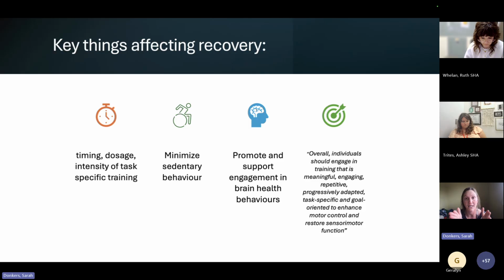So now when we're talking about that rehabilitation training, that task-specific, goal-oriented training, how hard we challenge people and how long they're able to train is really influencing the long-term outcomes. So we're getting more studies that are looking at the follow-up period, and it's not enough to just have a 30-minute session, right?